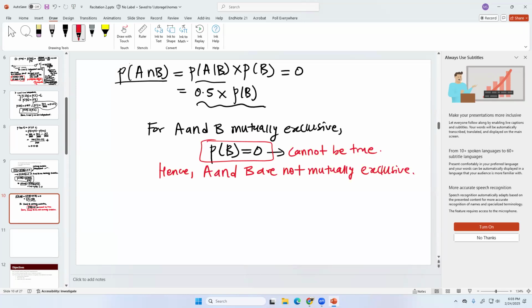Right at this moment, it might not snow in College Station, but it has some probability, 0.0001. So stating that probability of something is exactly 0 is not reasonable. That's why we can conclude that A and B are not mutually exclusive, because the probability of any event will not be 0, even if it's very unlikely to happen. Okay, does this make sense?